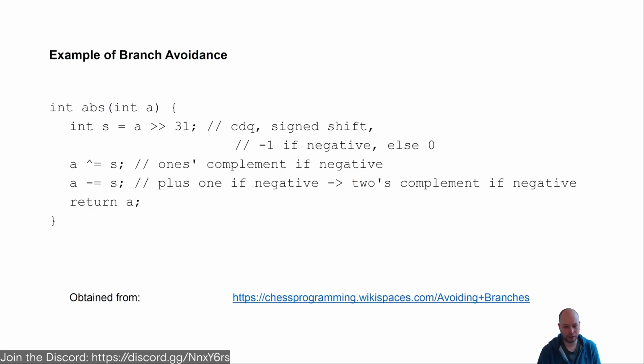Here's a different approach to avoiding branches, right? In this case, we, again, are getting the sign bit of the value a. If it's negative, it's 0. If it's 0, it's not negative. If it's negative 1, if it is. And then we do the 1's complement if it's negative, plus 1.